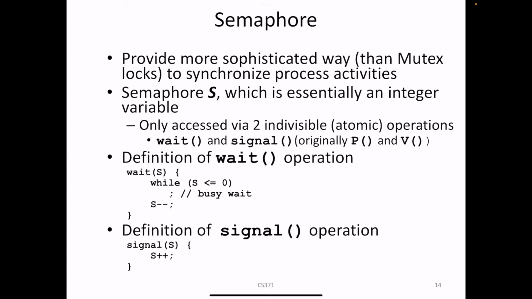P function means try, V function means increment. So that is why in the original operating system research, they are called P operation and V operation.